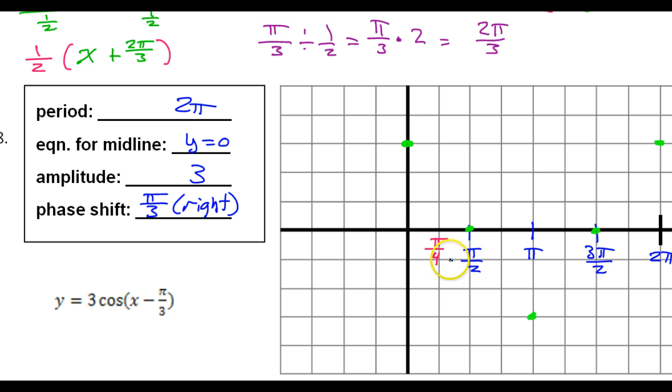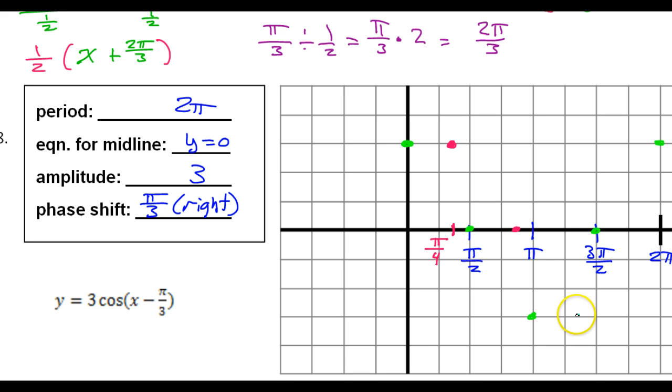So that means as we move to the right, pi over 3 is going to be more than 1 square to the right. So I'm going to move more than 1 square to the right.